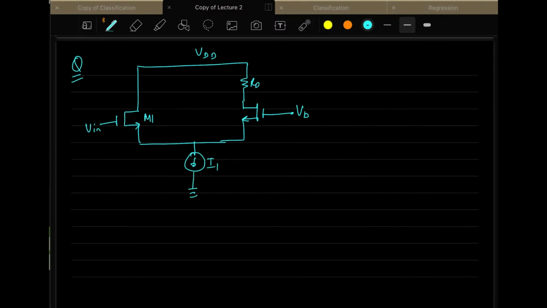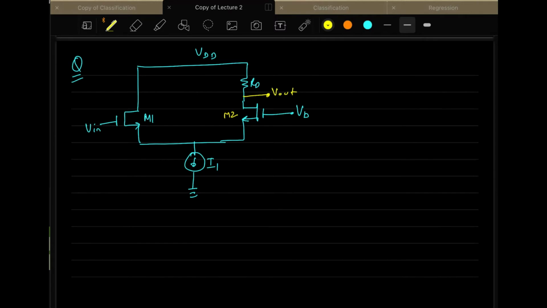Let us say you have something like this, and here you want to calculate the voltage gain Vout by Vin. In this circuit, can you tell me what this MOSFET is operating in? Which type of amplifier M2 is, and which type of amplifier M1 is?